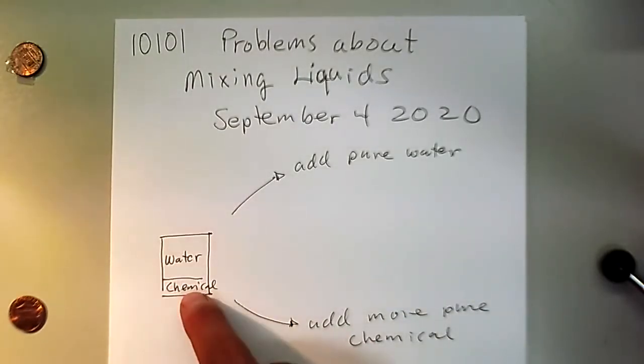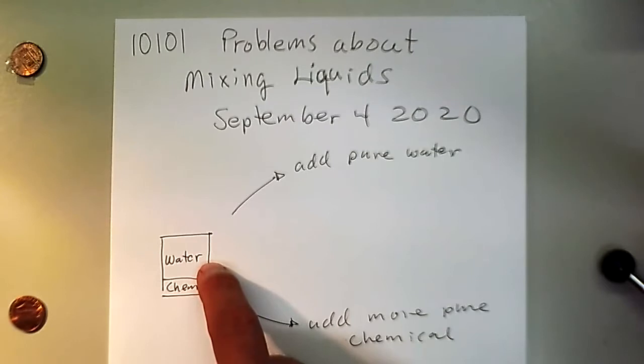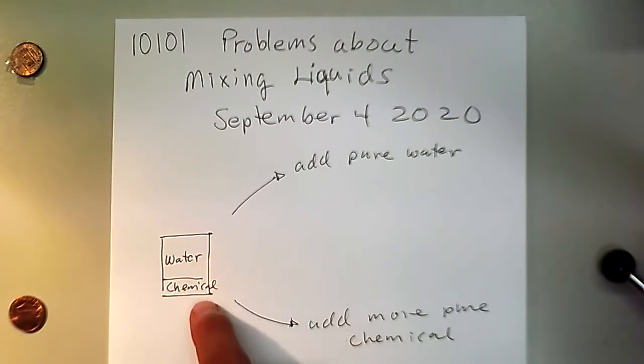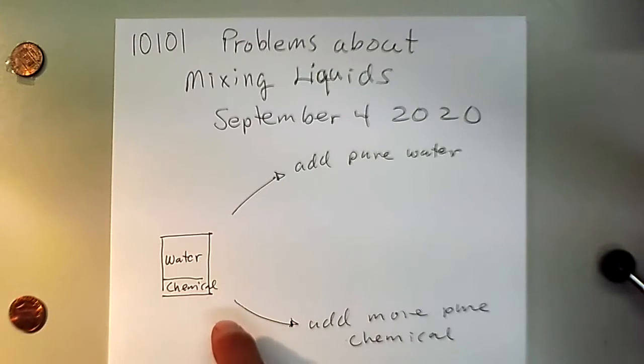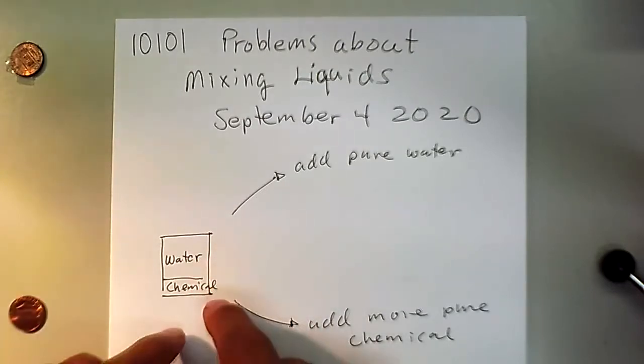So this is a solution which is made up of water and a chemical. And we can add more water to dilute or water down the solution, or we can increase the amount of chemical, but then that will also increase the volume. But that is okay.